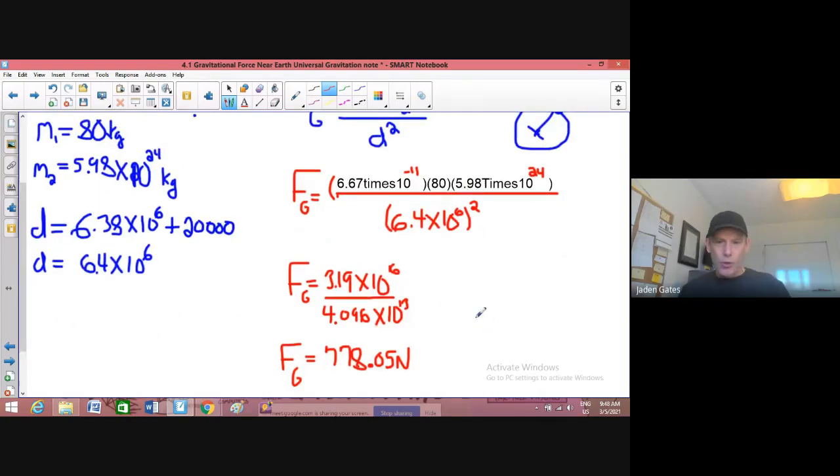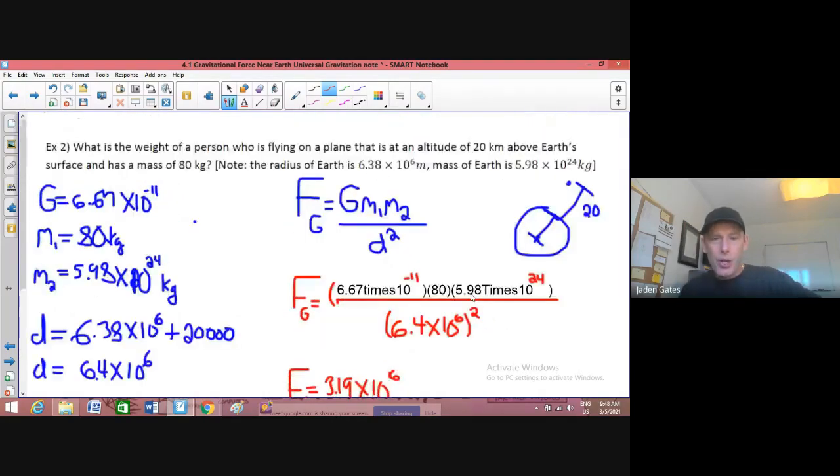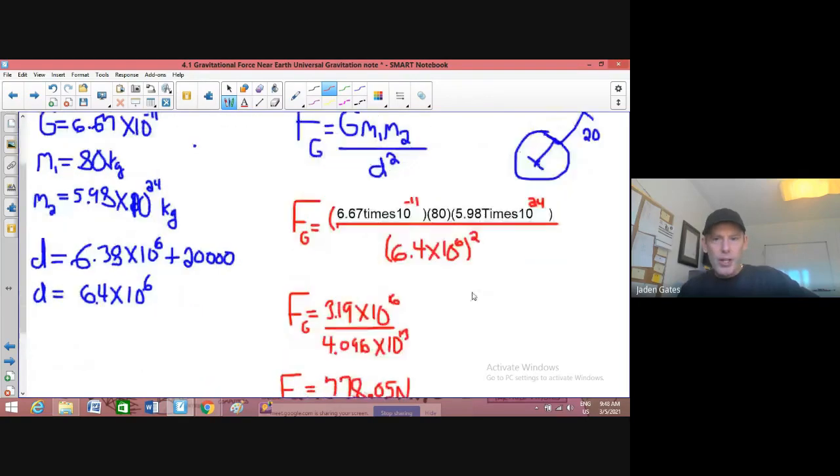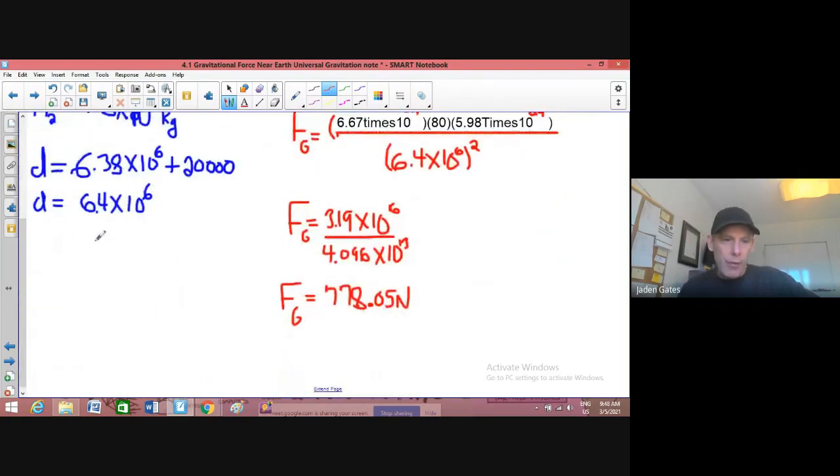Now, before I show you the second way, you'll notice that our simple little g formula gave 784 newtons. But because we're up such a high distance, 20 kilometers up, the attraction between Earth and us is actually affected.